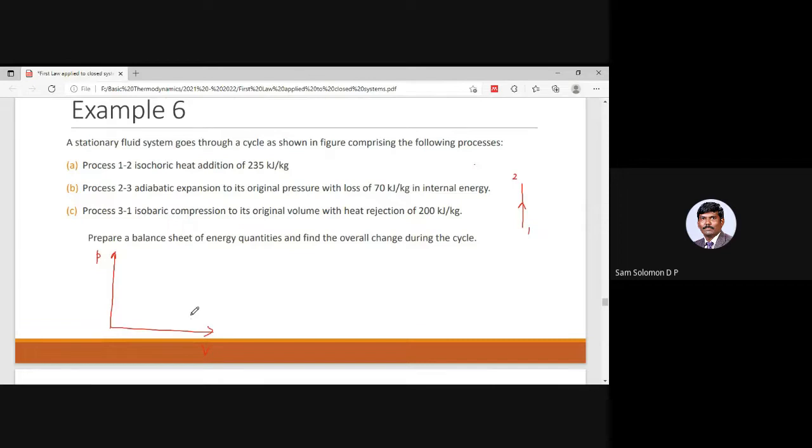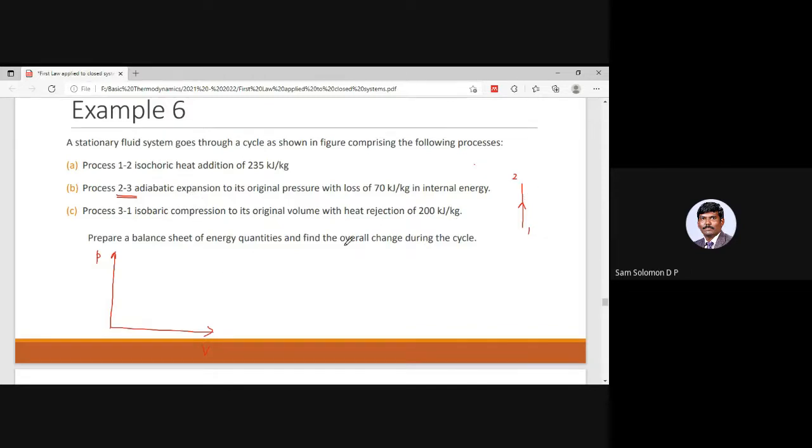Now the problem is where to place this vertical line, whether it is closer to the y-axis, which is represented as pressure, or away from the y-axis. So that you can fix only after looking at the second process, 2, 3. So this is an adiabatic expansion, which means the pressure is supposed to reduce.